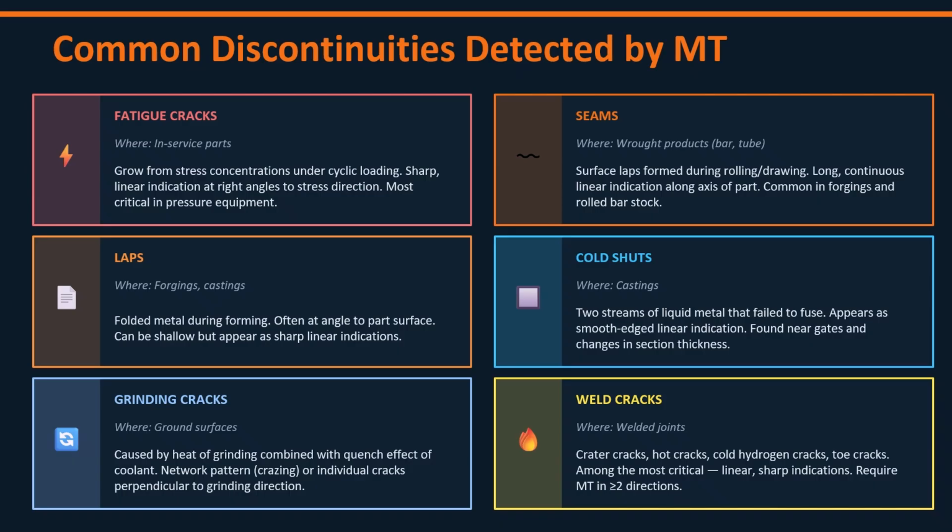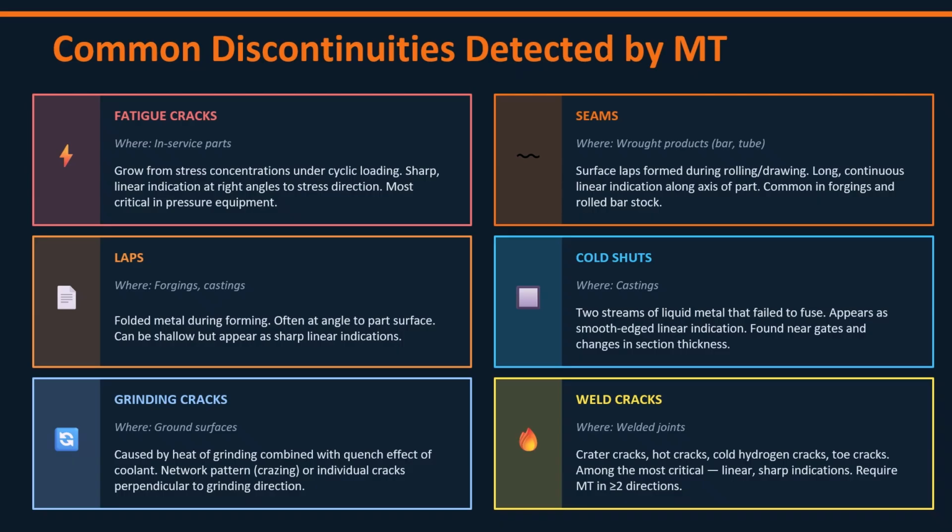Grinding cracks are associated with excessive localized heat during grinding, often combined with rapid cooling. They can appear as networks or as cracks related to the grinding direction. Weld cracks include several mechanisms and locations, such as crater cracks, hot cracks, hydrogen-related cracks, and toe cracks. Their significance depends on the mechanism, location, size, orientation, and governing acceptance criteria.